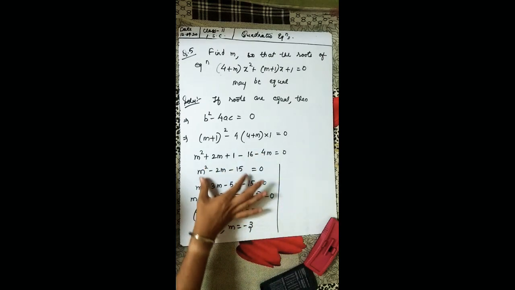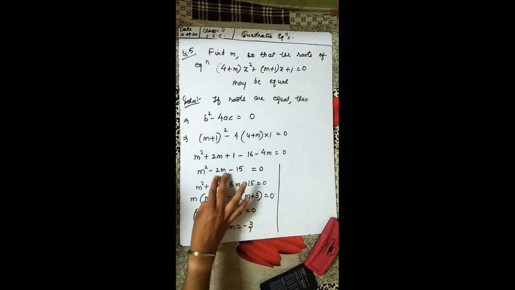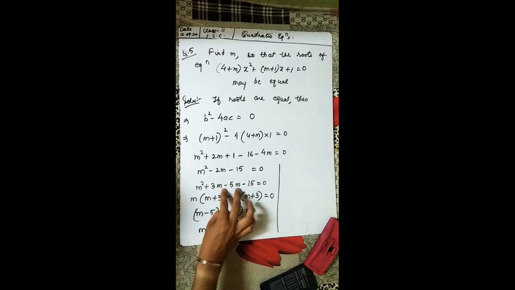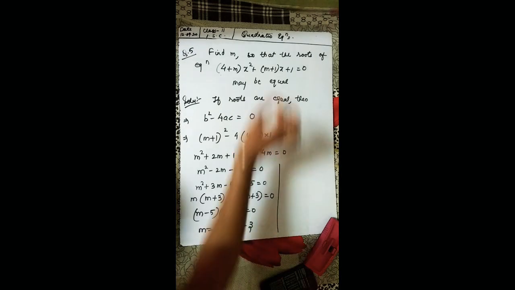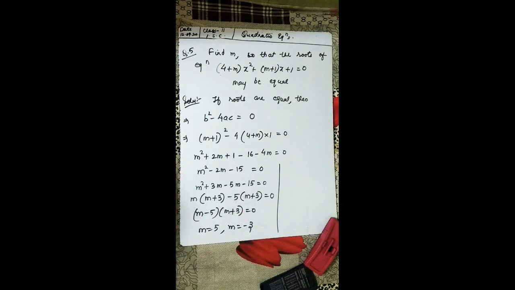On solving this equation, we got m square minus 2m minus 15 equal to 0. Splitting minus 2m as plus 3m minus 5m, finally we are getting m equal to 5 and m equal to minus 3. Now you can put the values of this m and you will get a perfect square there. That is how we will verify our answer.